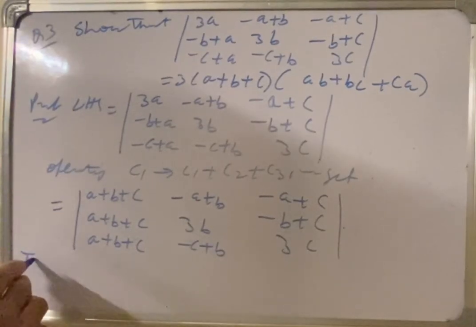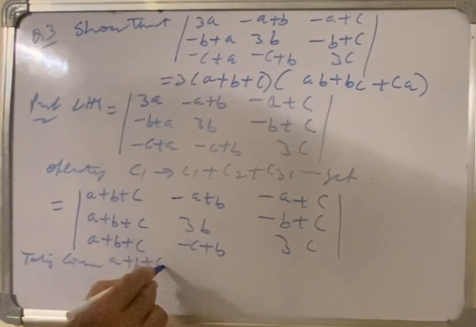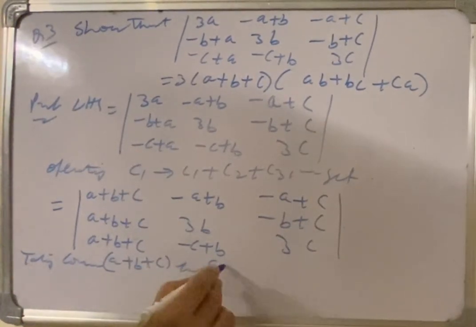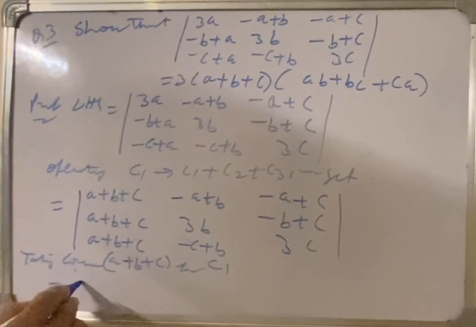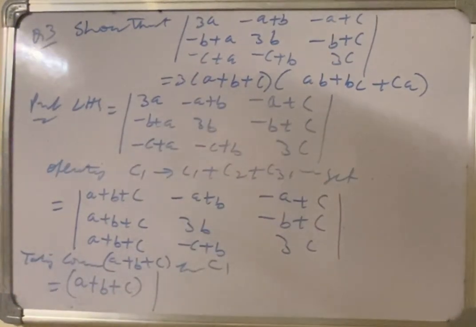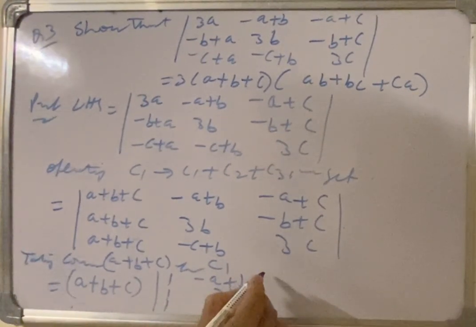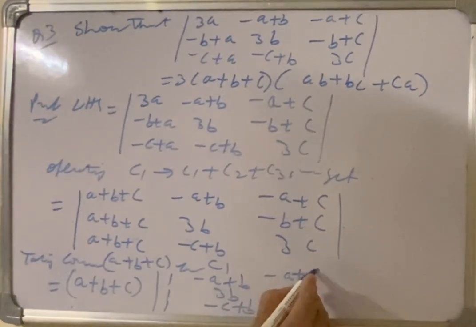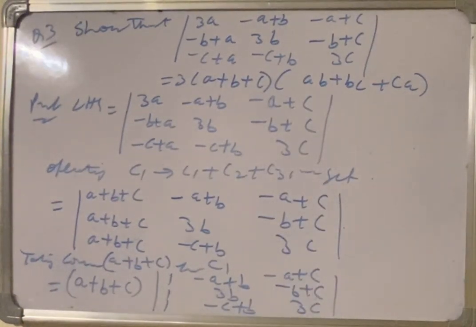Taking common A plus B plus C from C1, we have A plus B plus C into determinant. First column is 1, 1, 1. Second is minus A plus B, 3B, minus C plus B. Third column is minus A plus C, minus B plus C, 3C.